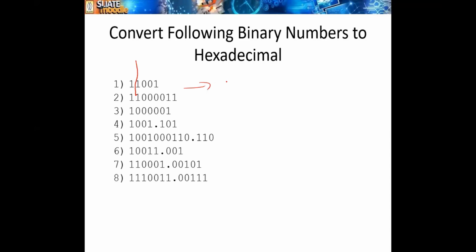So this 0 0 0 1. If you want, you can write this way.